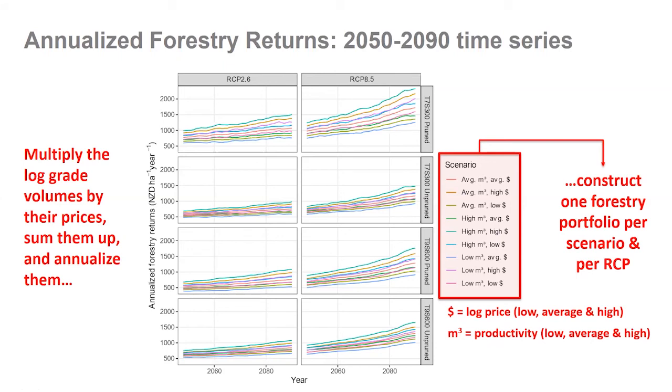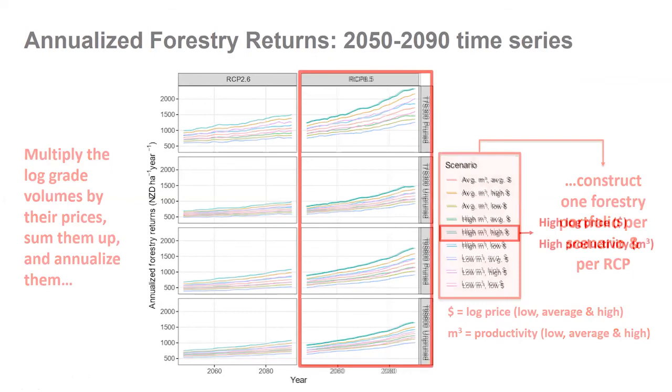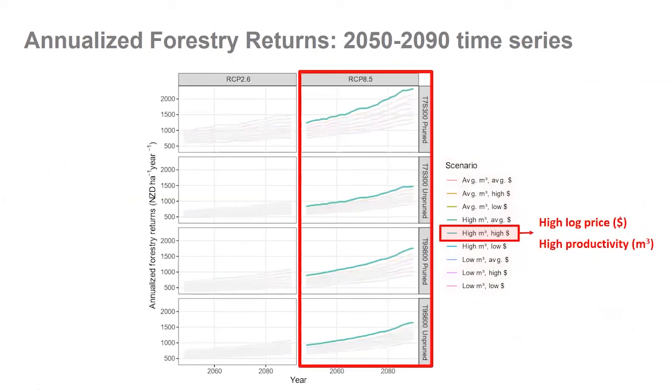Looking at this at once, it might be a bit overwhelming, right? So let's just focus, for the sake of an example, on one specific scenario, okay? Under one specific RCP. For example, high log price scenario, high productivity scenario under RCP 8.5.